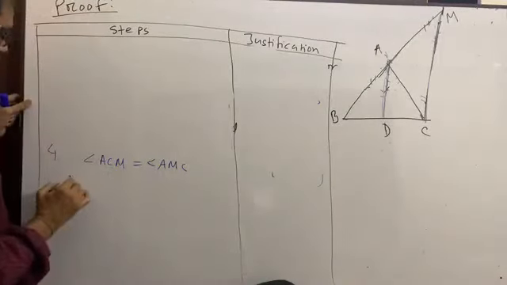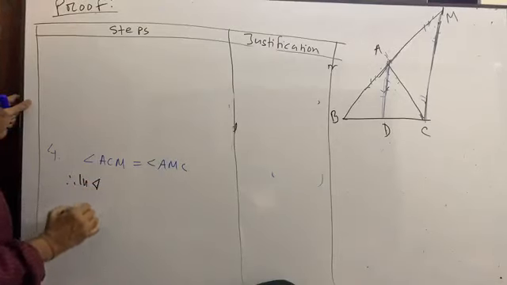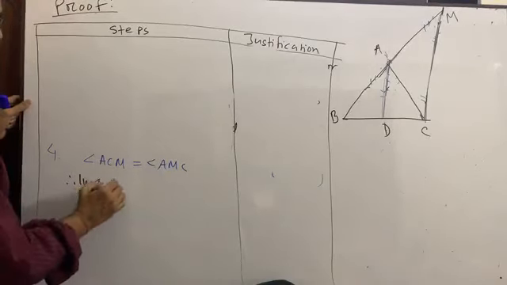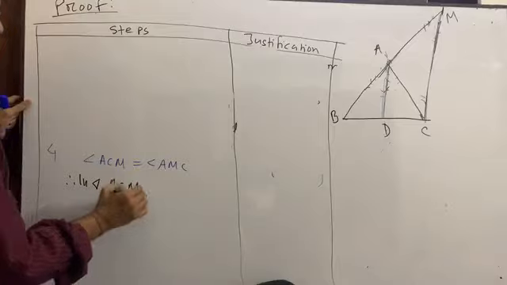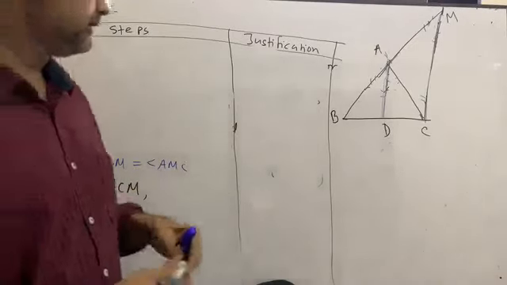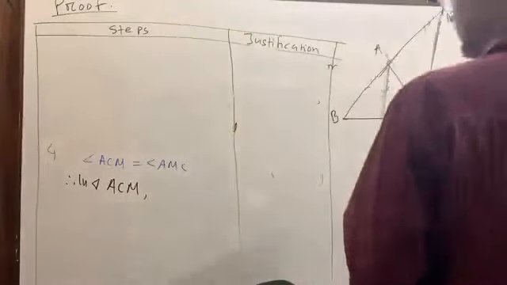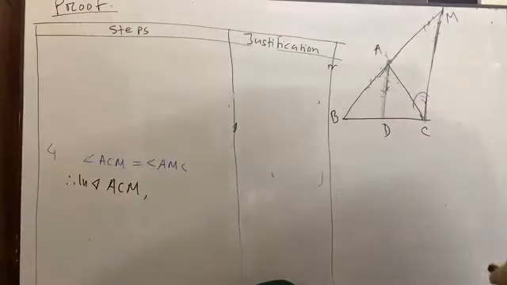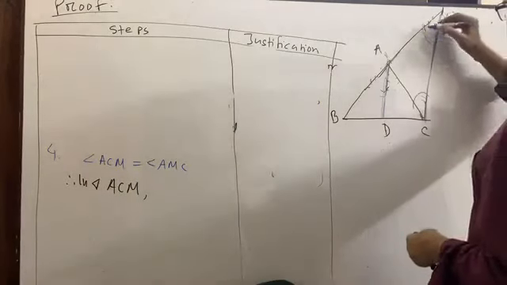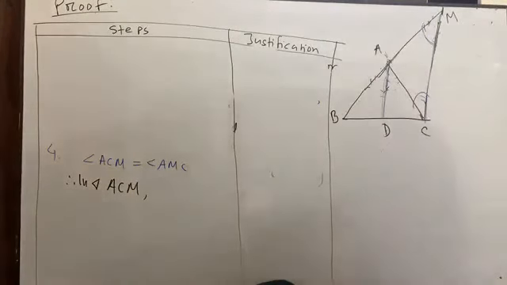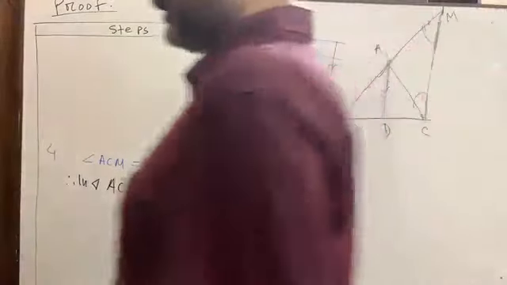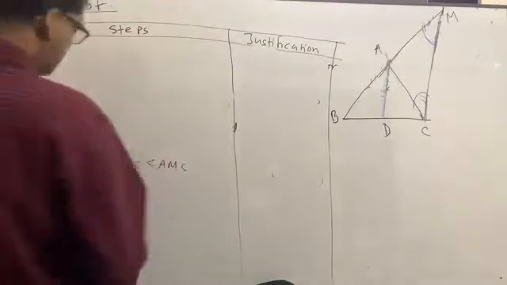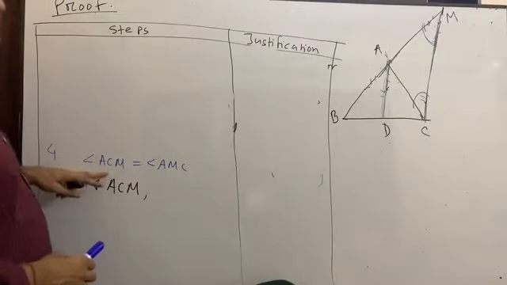Therefore, in triangle ACM, have you seen what is given here? Angle ACM equals angle AMC. These two angles are equal. Therefore, what is its opposite side?